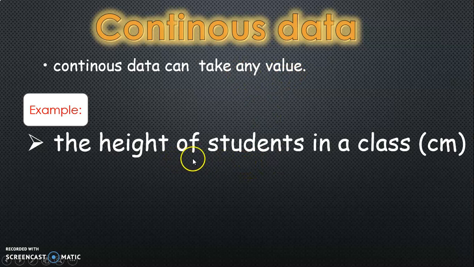When we measure the students, they don't have the same height. Some students are taller, so maybe they are measured at exactly 150 centimeters. There are students who are shorter, so maybe they are measured at 123.5 centimeters only. This is what we mean that we can take any value.